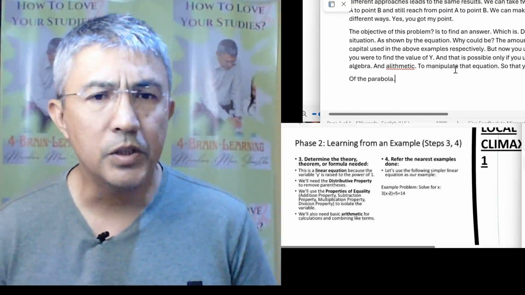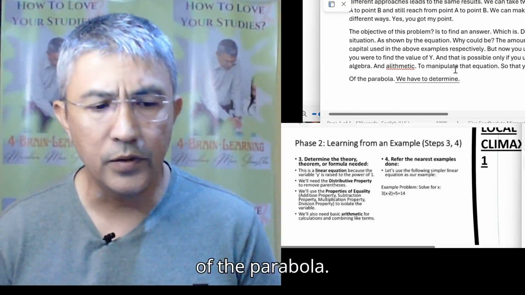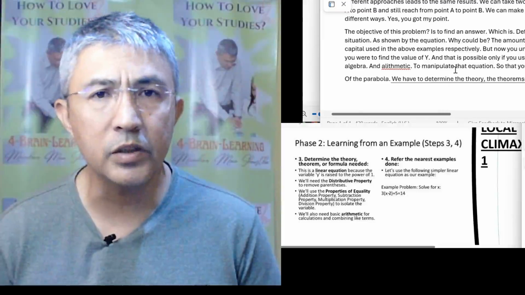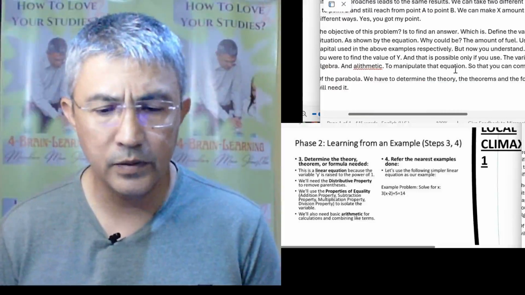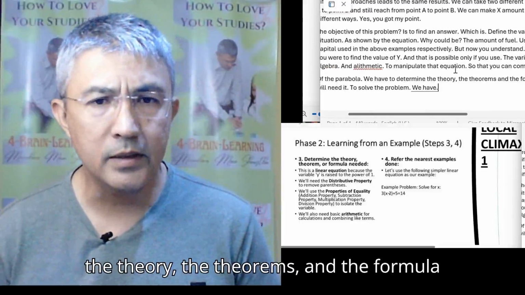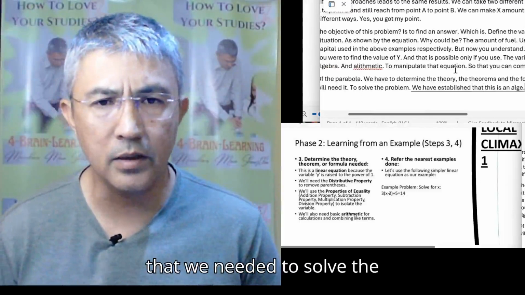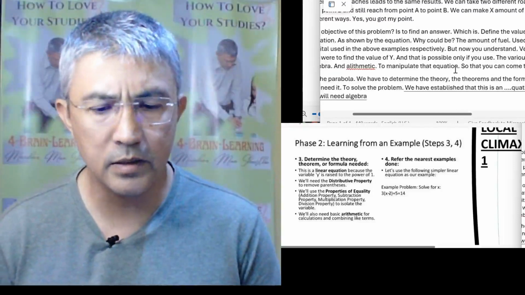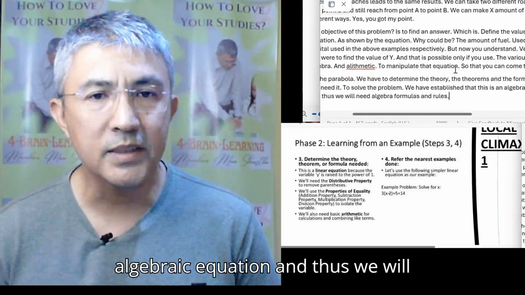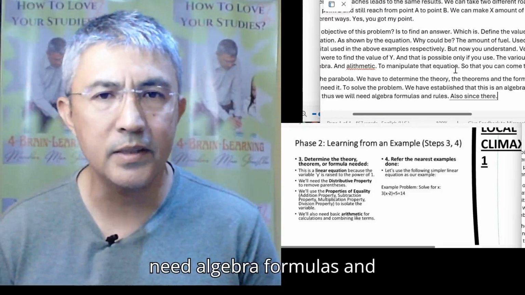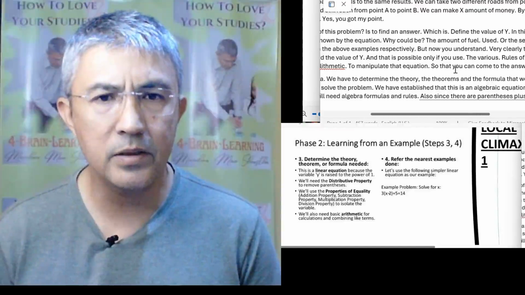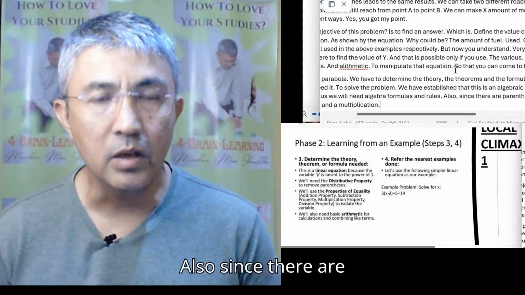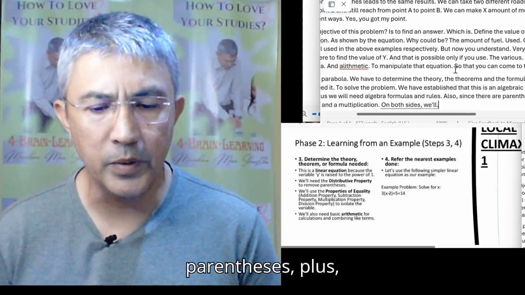We have to determine the theory, the theorems, and the formulas that will be needed to solve the problem. We have established that this is an algebraic equation and thus we'll need algebra formulas and rules. Also, since there are parentheses, plus, minus, and multiplication on both sides, we'll also need arithmetic.